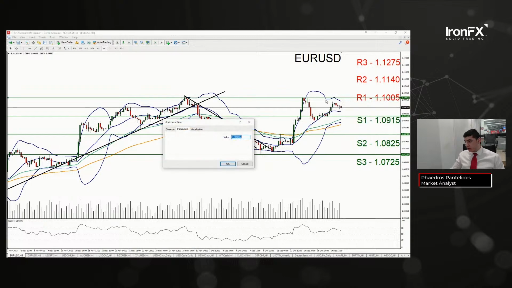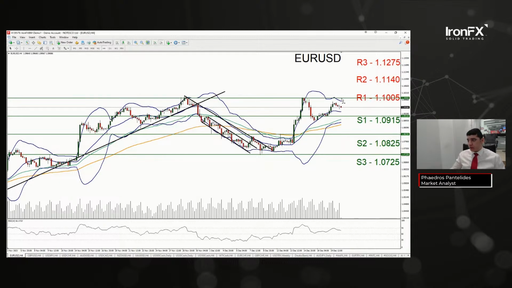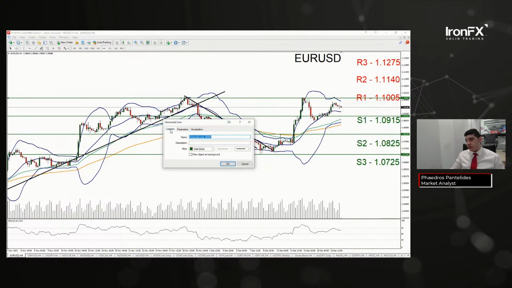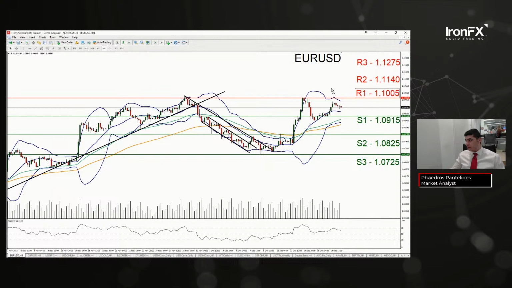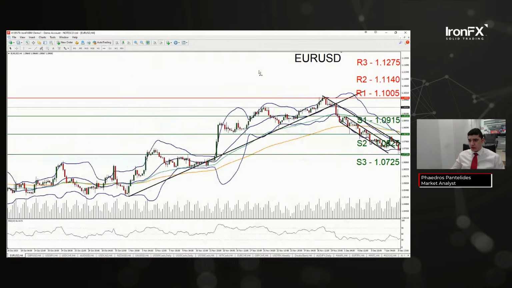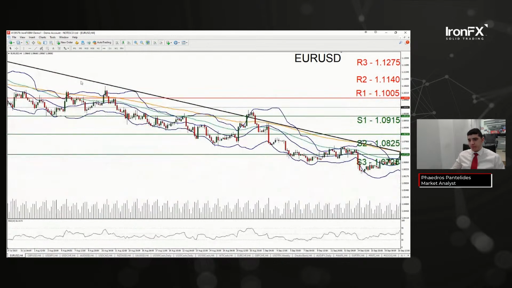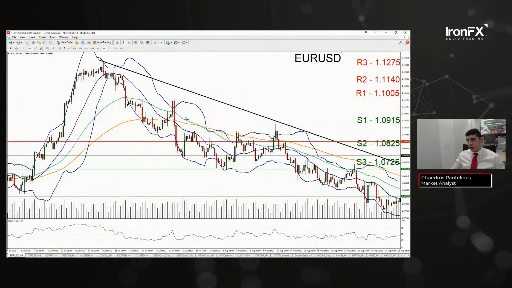Now note that the Bollinger Bands appear to be narrowing, implying low market volatility, and they appear to be moving in a sideways fashion as well. So we could maintain a sideways bias for the pair. So you have R1, 1.1005. Then for R2, we need to go back and look at the historical data.